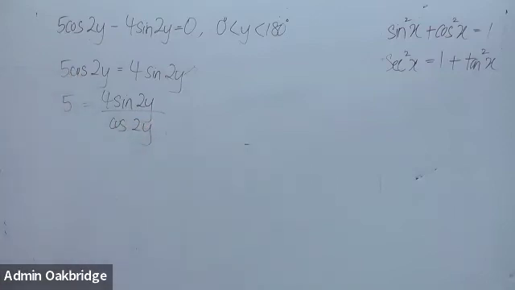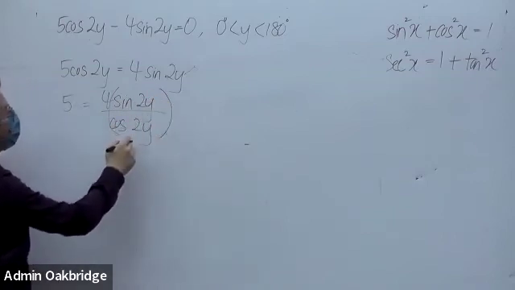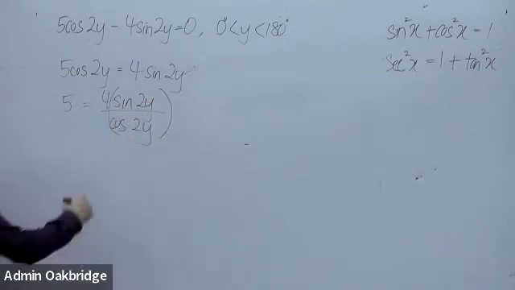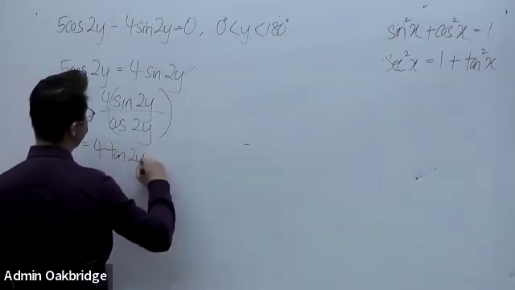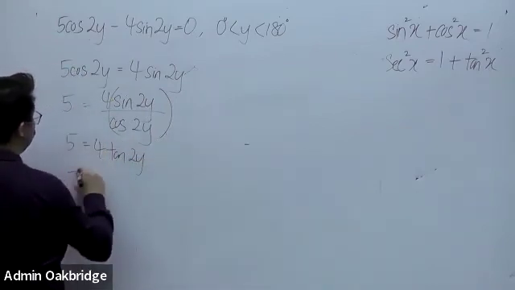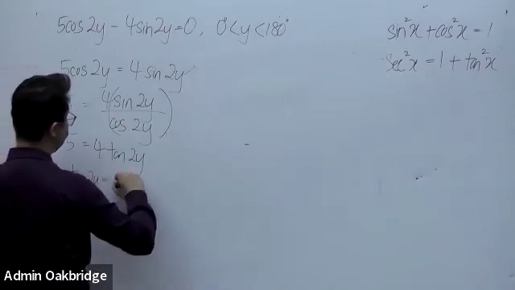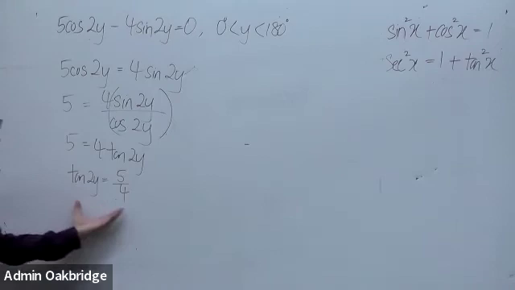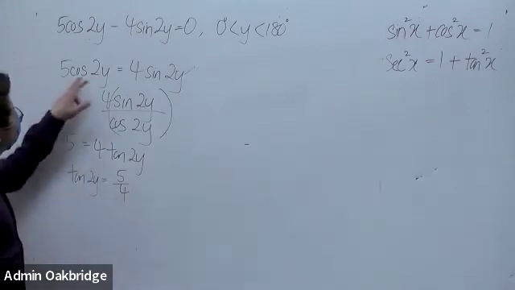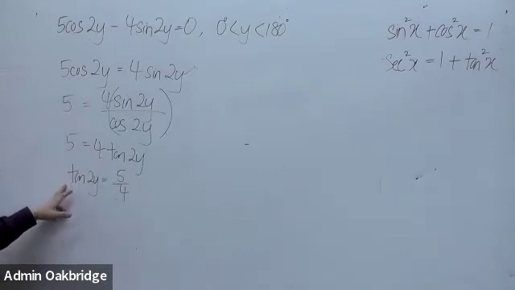And what do you see here? Sine over cos is tangent. So now we convert to tangent. Now tangent 2y equals to 5/4. Now we have the simple trigo equation. From two different trigo functions, now they become the same trigo function.